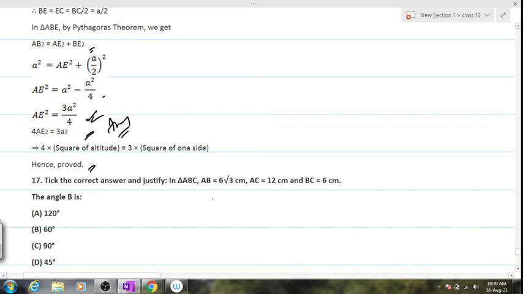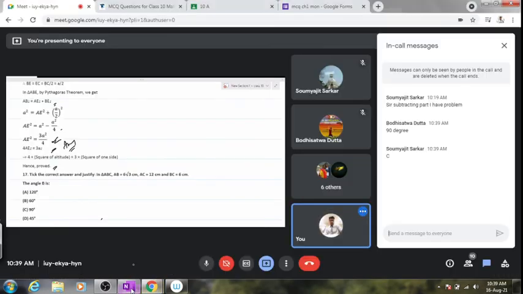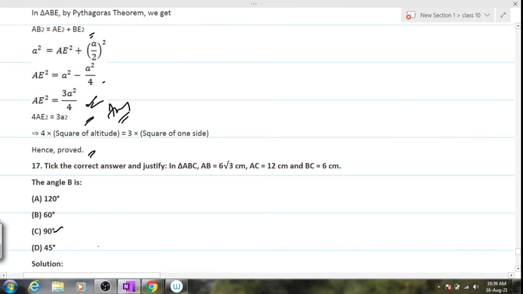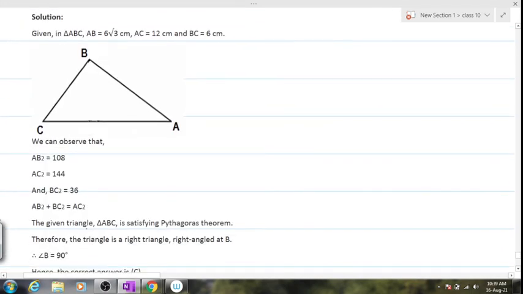Lot of chances are there that you'll have to apply Pythagoras theorem in these kind of numericals. Very good. You'll have to apply Pythagoras theorem in this kind of numericals and you'll directly get this.